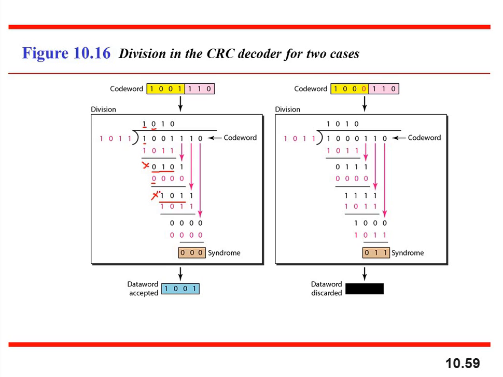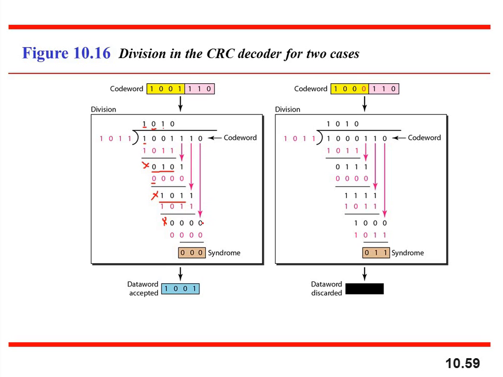So it starts with 1, hence you take a quotient 1 and again multiply 1 by 1011, then this will be discarded and you can see that 0 0 is 0, 1 1 is 0, 1 1 is 0.